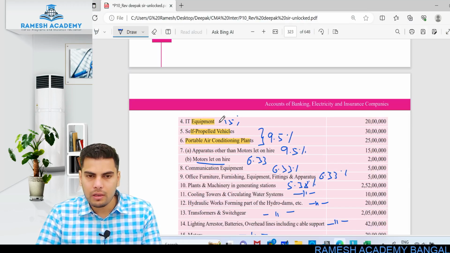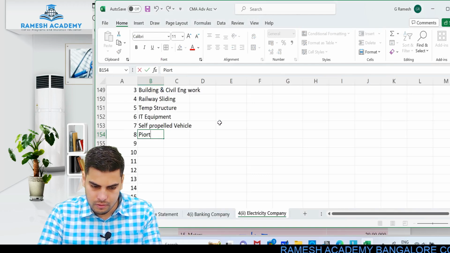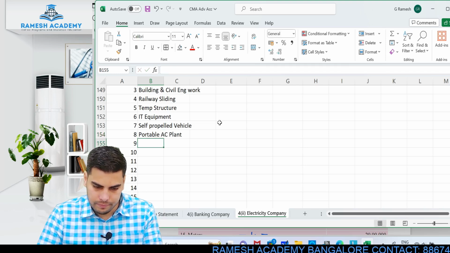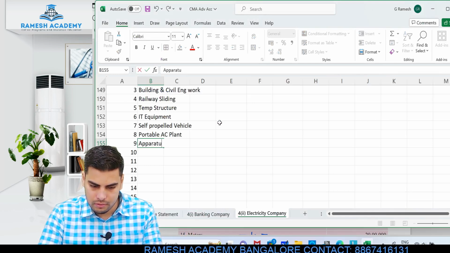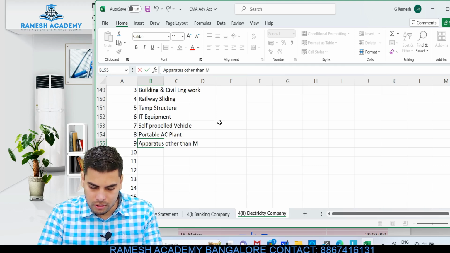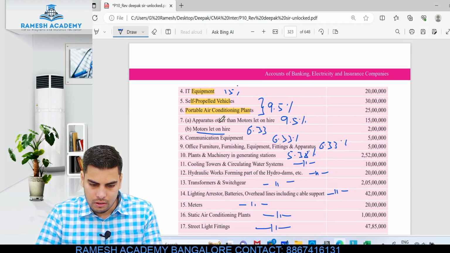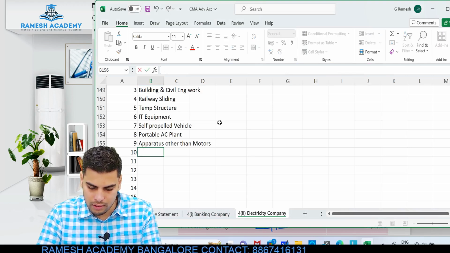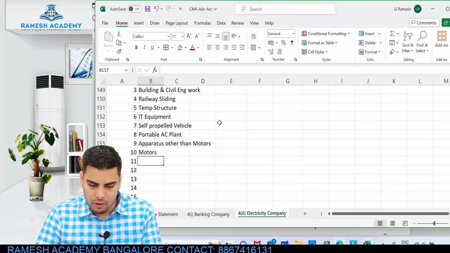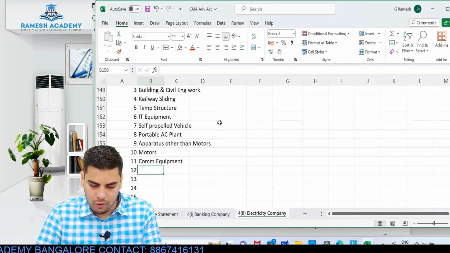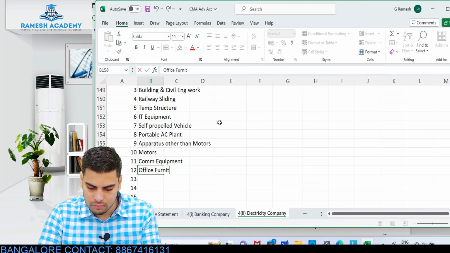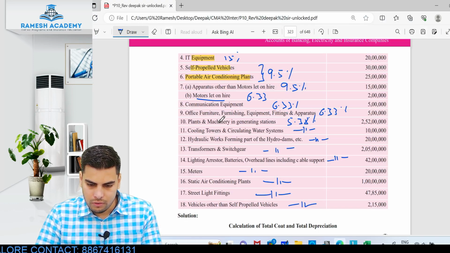Portable air conditioning plant, portable AC plant, apparatus other than motors. Then we have got motors let on hire. Then we have got communication equipment. Then we have got office furniture, so office furniture also 6.33%.